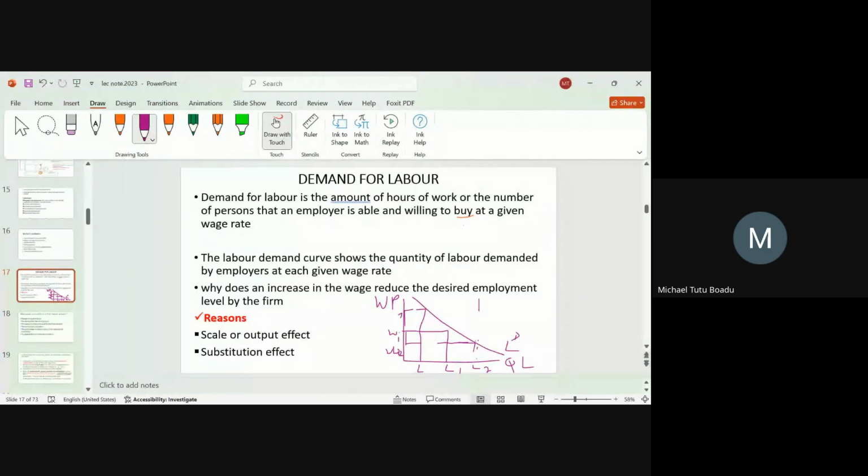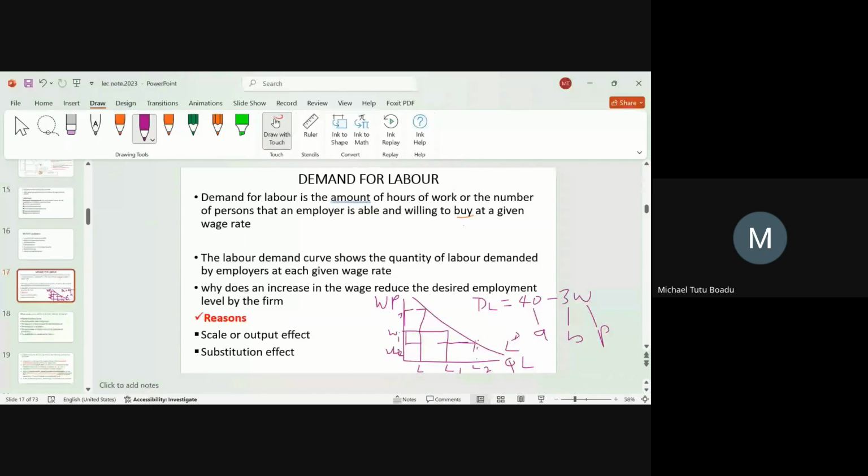So the demand for labor curve is just as the demand for goods and services. Let's say 40 minus 3W, where the 40 is like our A, the 3 is like our B, the W is like our price. Labor demand curve. So we know that anytime there's an increase in wage, it is going to reduce the desired level of employment by the firm.